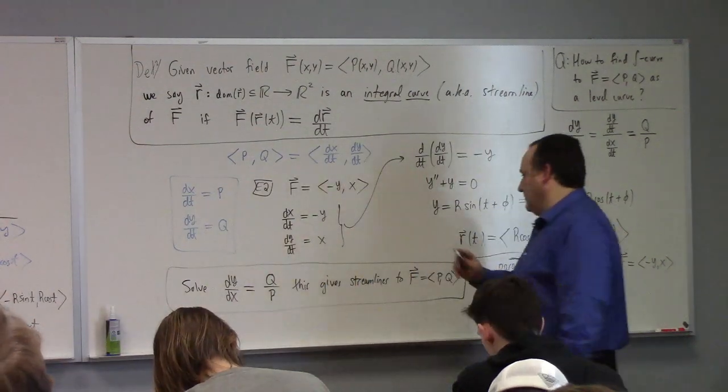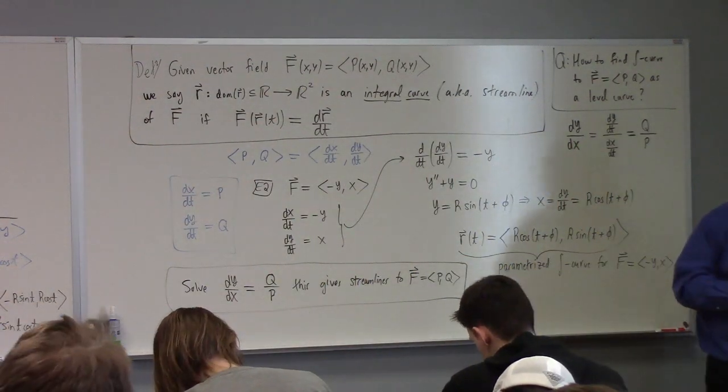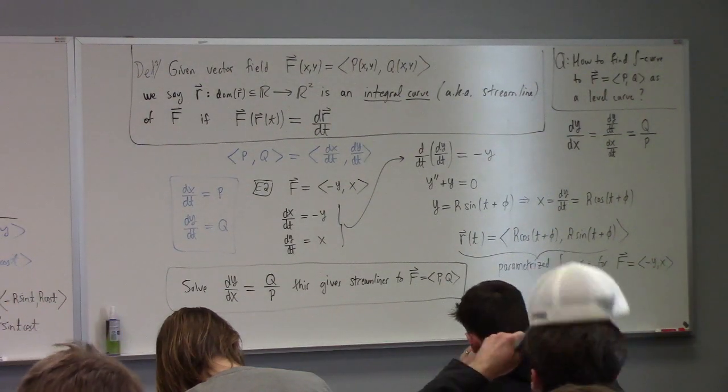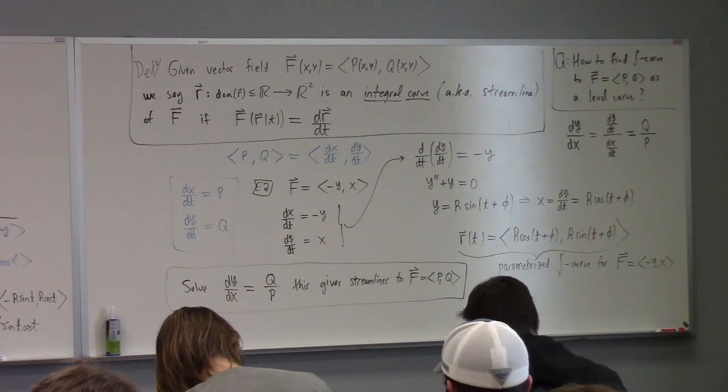That's your takeaway to know how to solve problems. Because if I ask you to find some integral curves, or streamlines, of vector fields, this is how you do it. I'm sorry, I seem to have hidden it behind some heads.